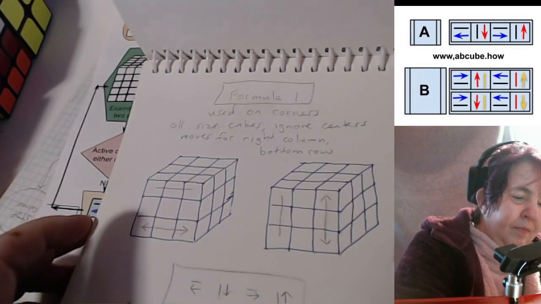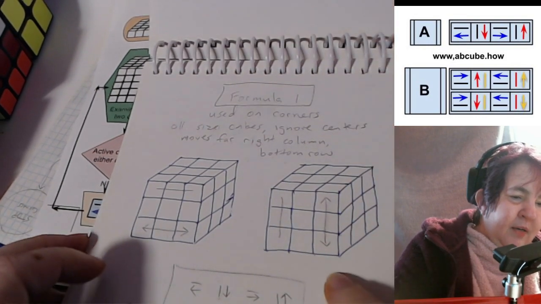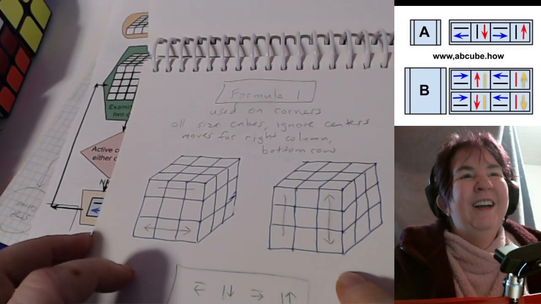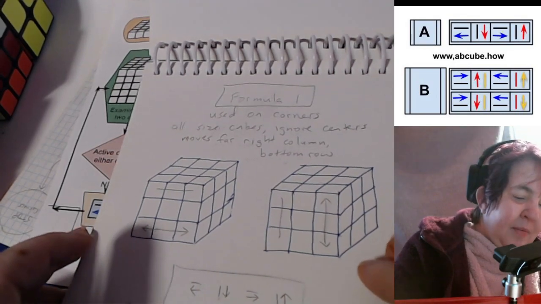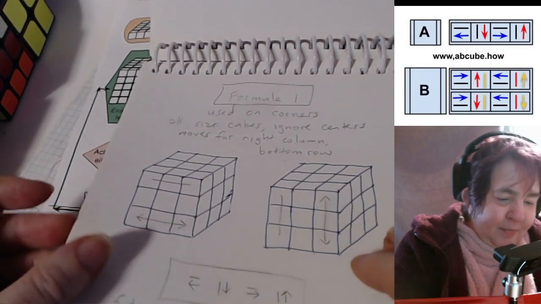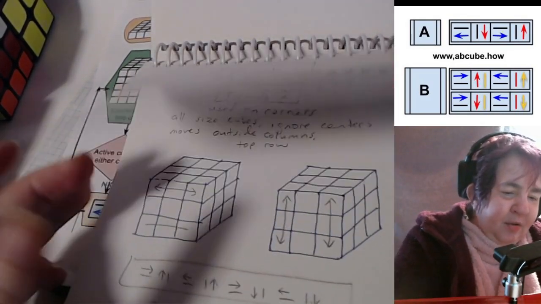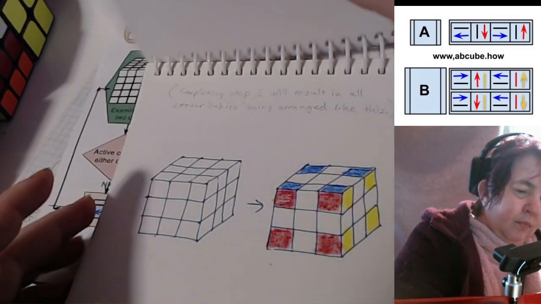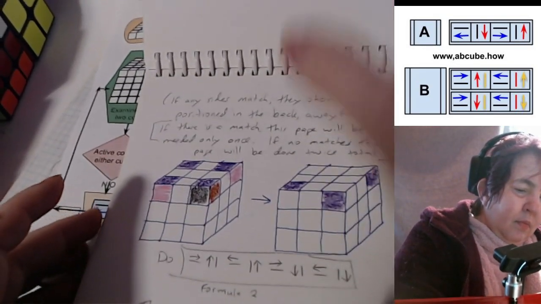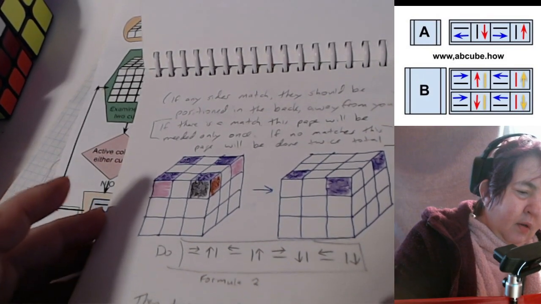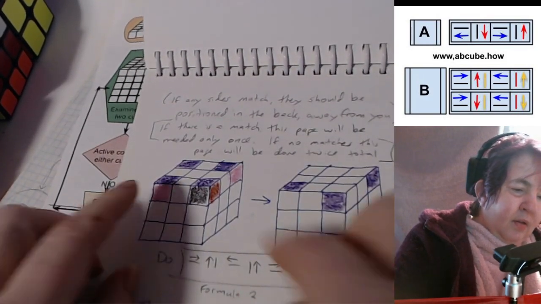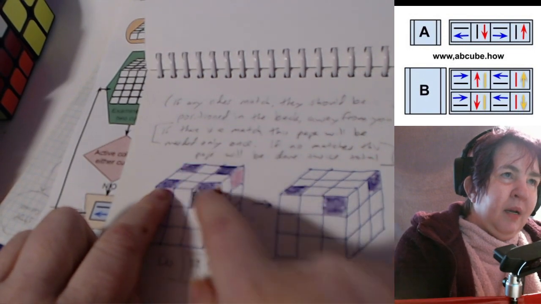Formula 1. Before, I named them A and B. I had them Formula 1 and 2. 6 times returns to start. This is what happens when you do Formula B on the corners.